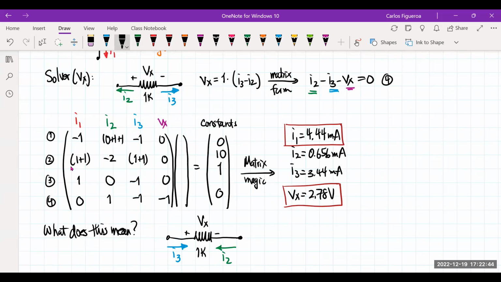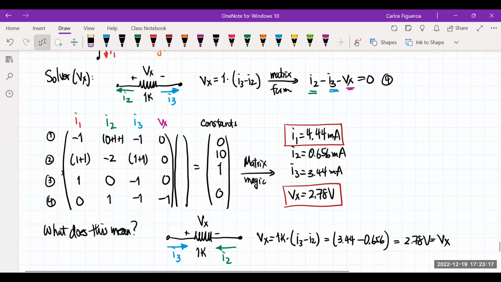So according to this, Vx should be the resistance of the kiloohm times the difference between these two currents. That's 1 kiloohm times, looking at my numbers, 3.44 minus 0.656 milliamps. If I calculate that, I get 2.78 volts, which is exactly what we predicted.